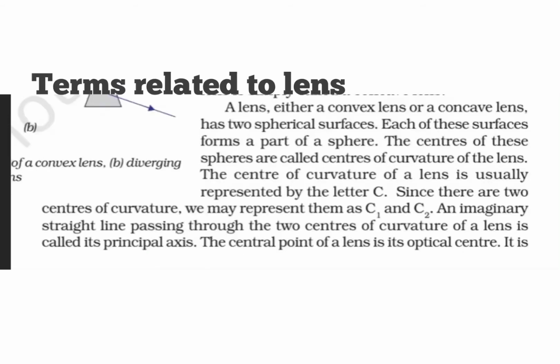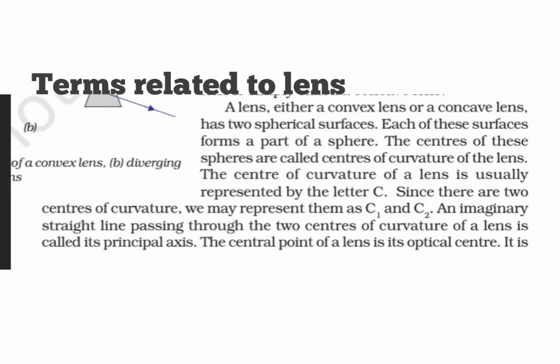Now we will see different terms related to spherical lenses. Students, these terms are almost the same as the terms which you have studied for spherical mirrors. Just minor changes are there. So let us see different terms. A lens, either a convex lens or a concave lens, has two spherical surfaces, and each of these surfaces forms a part of a sphere.